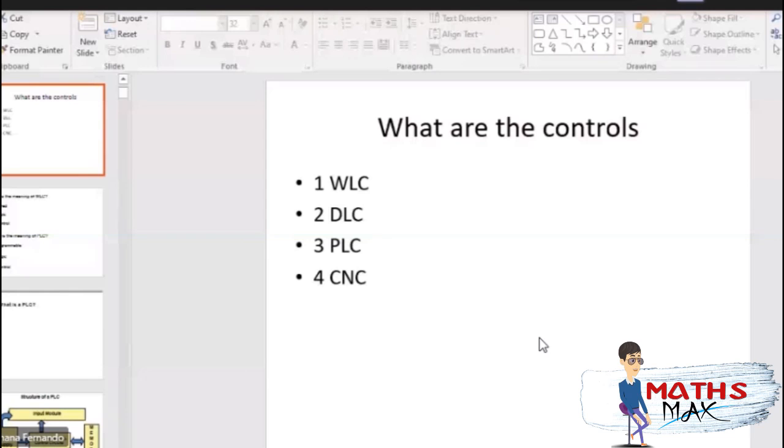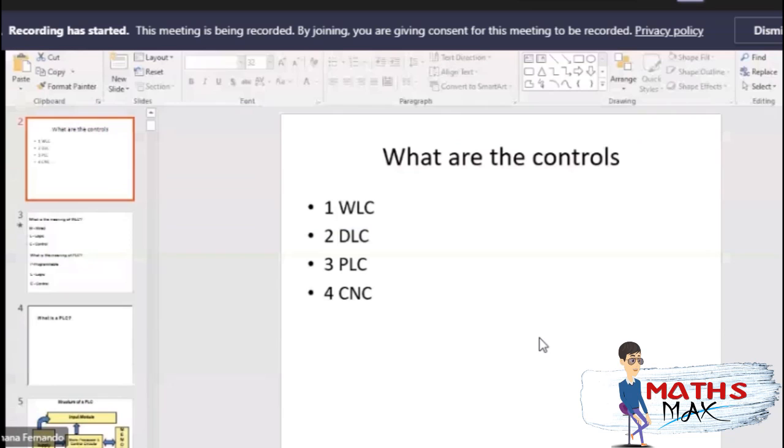You are making a controller dedicatedly, that means only to control a particular machine, right? Dedicatedly control a machine. Such a control we call dedicated logic control.